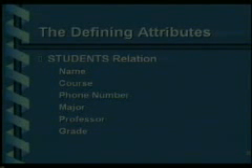Now, what will be the defining attributes of this particular student relation? Well, the student relation should consist of some bare minimum facts: name, course, phone number, major, professor, grade. Addresses and other details we are omitting for the sake of presentation only.